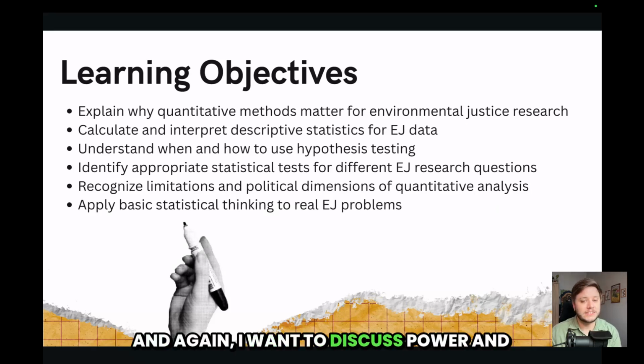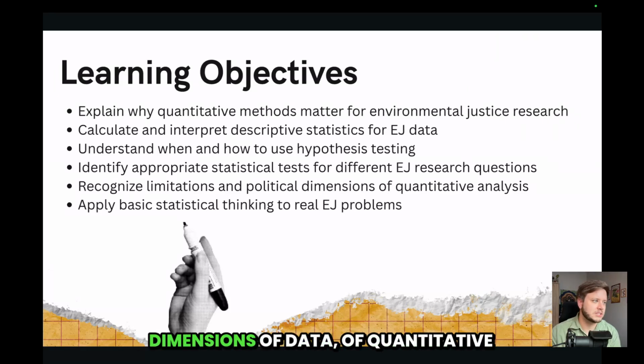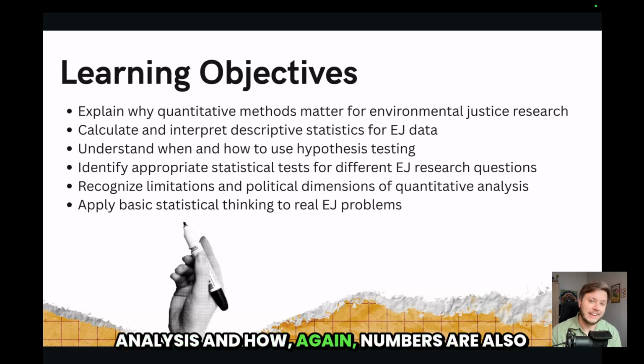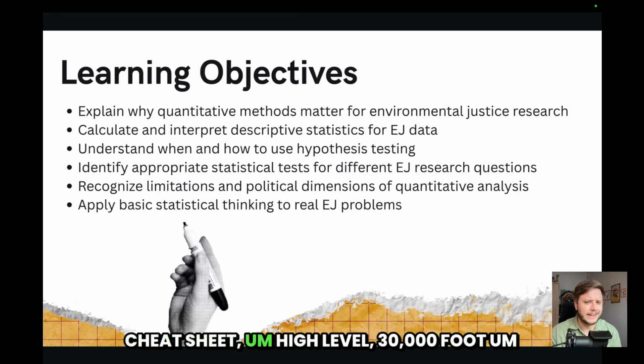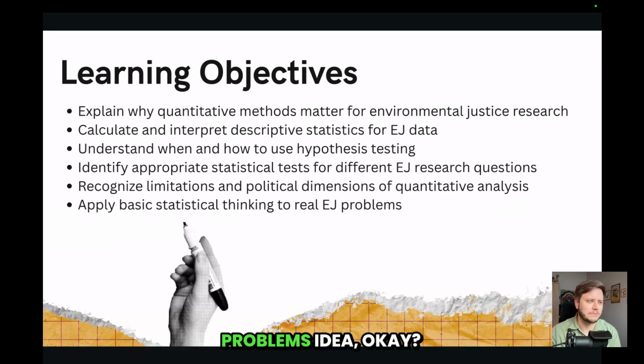And again, I want to discuss power and recognize the limitations and political dimensions of data, of quantitative analysis, and how, again, numbers are also non neutral. And then I'm going to give you sort of a cheat sheet, a high level, 30,000 foot basic statistical thinking to real world problems idea.